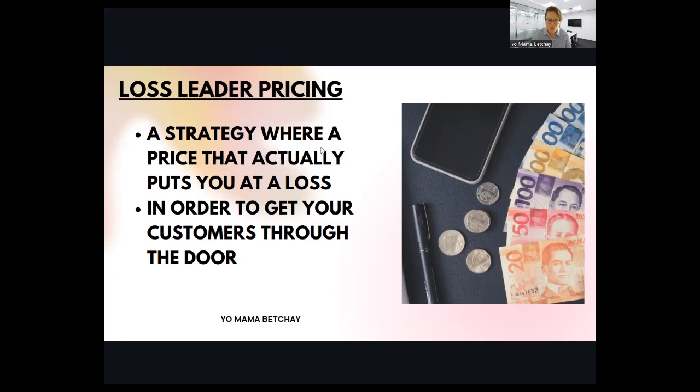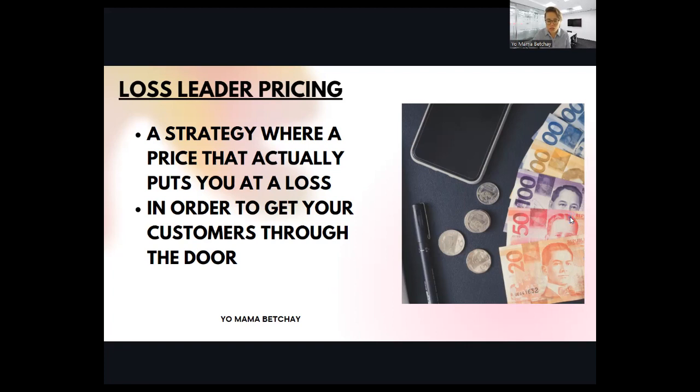So business owners who use this loss leader pricing strategy hope that once your customers are on your website or sa online store mo, they're more likely to buy from you rather than sa competitors natin. Okay? So, ang loss leader strategy, kung medyo worried ka dahil from the word loss, wala kang kikitain, no?